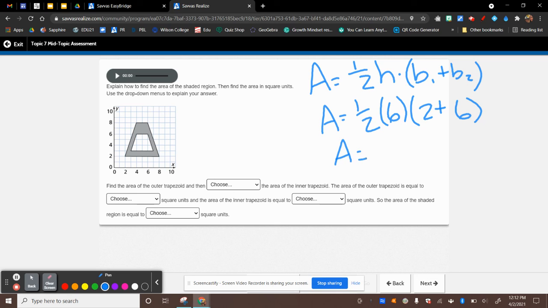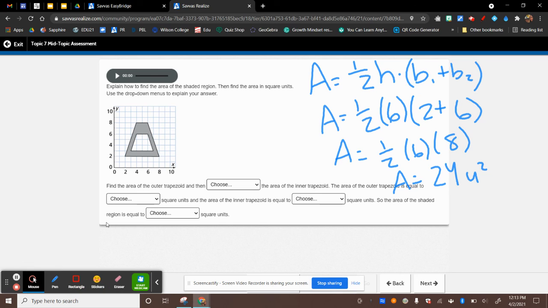So the area of the overall trapezoid, if I don't take out that middle part, is 1/2 times 6 times 8. You could do this however you want. I like to take half of 6, which is 3. 8 times 3 is 24. So 24 units squared is the outer trapezoid.